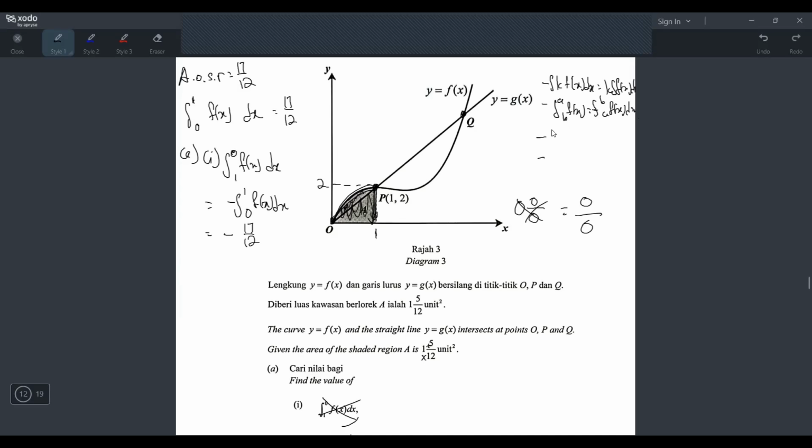And then the third property is when you have integrate f(x) plus or minus g(x) dx, you can split it, become integrate a to b f(x) dx plus or minus integrate a to b g(x) dx. Here I have to write dx.